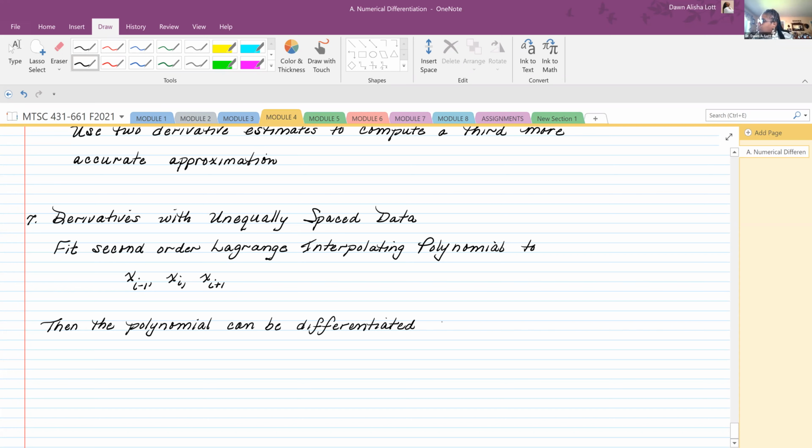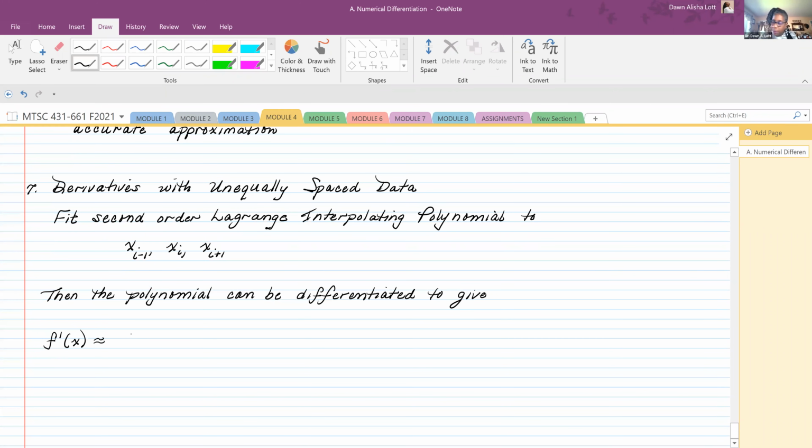And then the polynomial can be differentiated to give f prime of x approximated by f of x i minus 1.